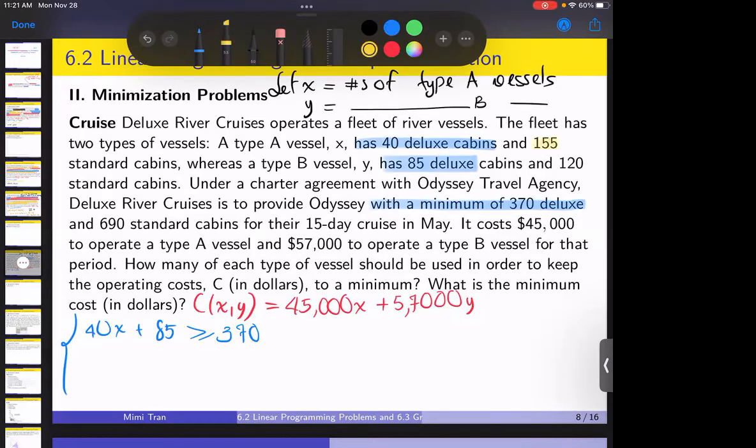And now the standard: 155 for type A, 120 for type B, and they have a total of 690. 155x plus 120y. I forgot the y there. It's a maximum, so up to 690. Last but not least, x and y have to be at least 0.